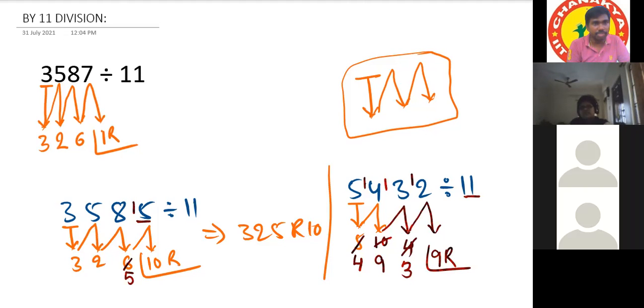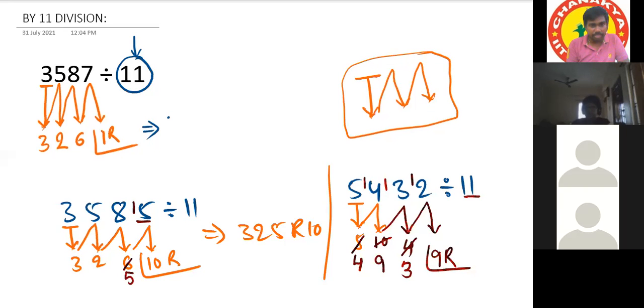And here one more thing is, if you want decimal for this question for the division by 11, if you want decimal... Sir, for decimal, how, sir? All those things we'll see later. Decimal we'll see later. So for 11 we have a special technique.